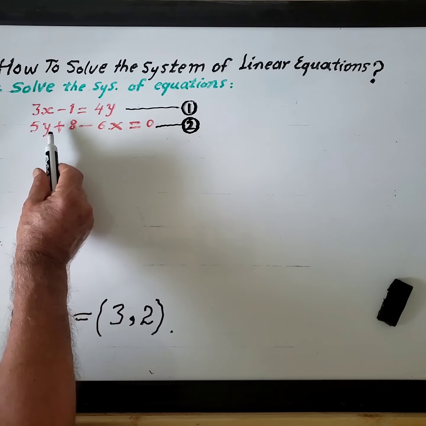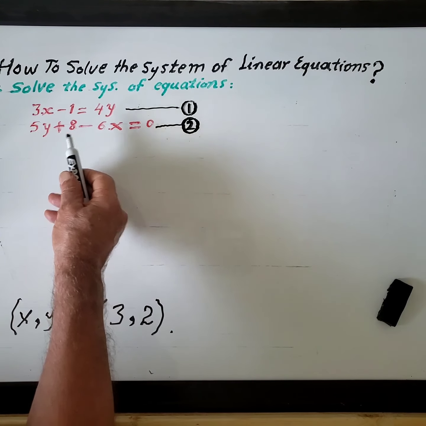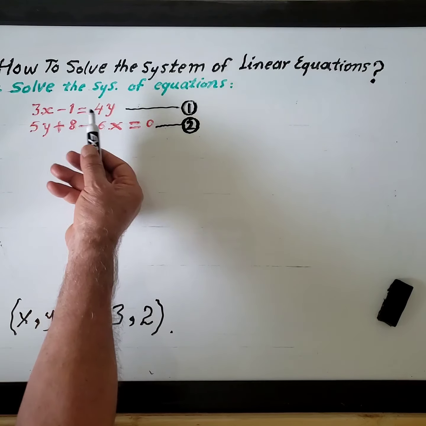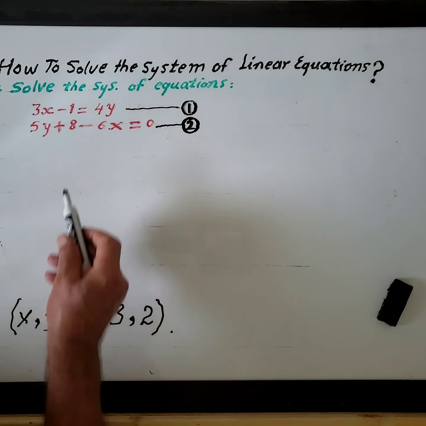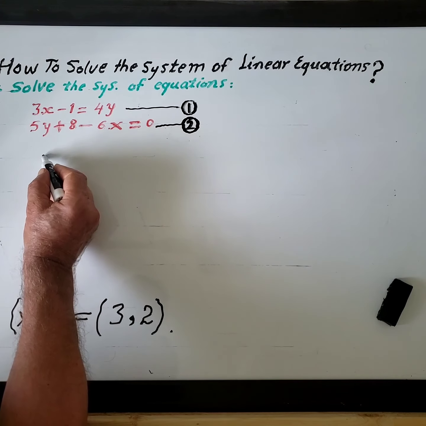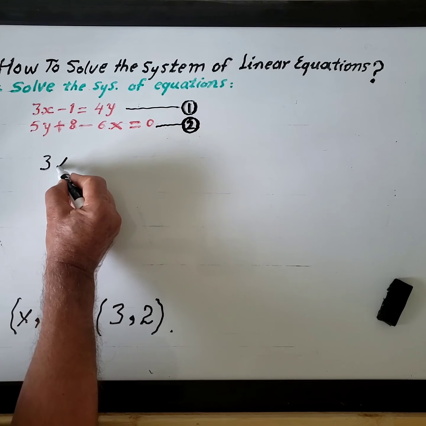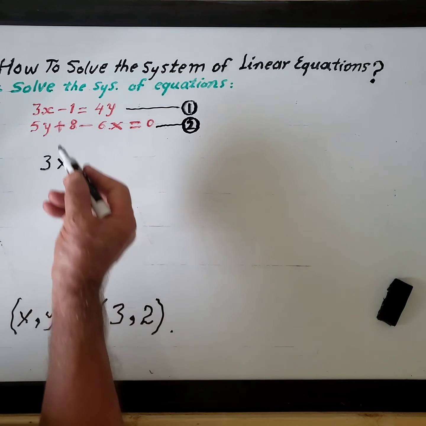In both equations there are x and y. So we need to eliminate x or y from one equation and make substitution in the other equation. So if we make elimination for x, let me say for x.